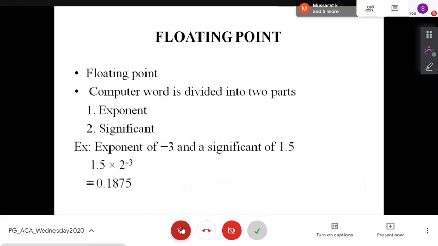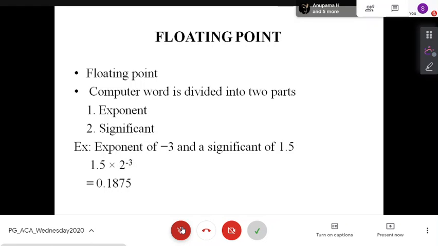Other representations involve storing the logarithm of a number and doing multiplication by adding the logarithms, or using a pair of integers. In this system, a computer word is divided into two parts, an exponent and a significand.